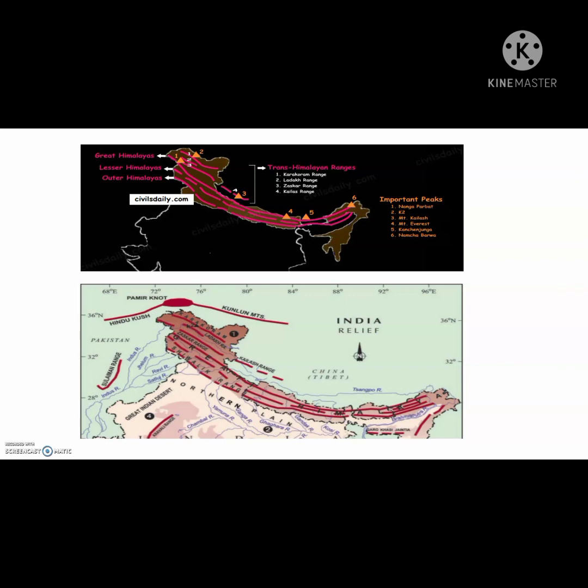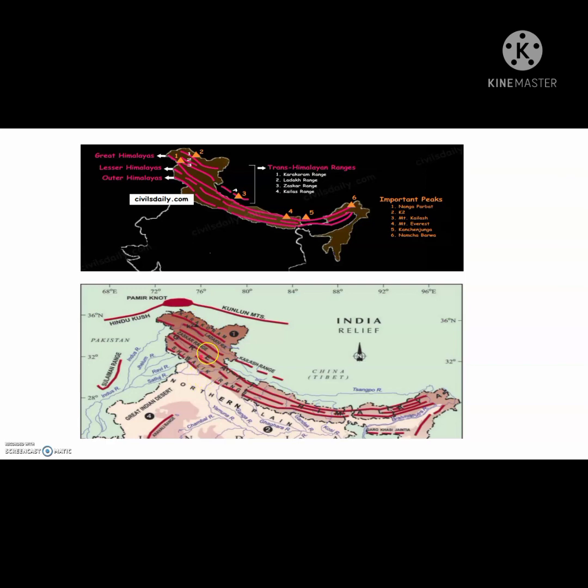Next, dunes. What are dunes? Dunes are low-lying valleys located between Lesser Himalayas and Outer Himalayas. Example, Dehradun, Kotli Dune, Patli Dune. Himalayas are located from Jammu Kashmir to Arunachal Pradesh.